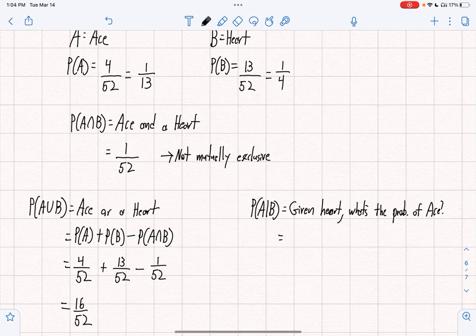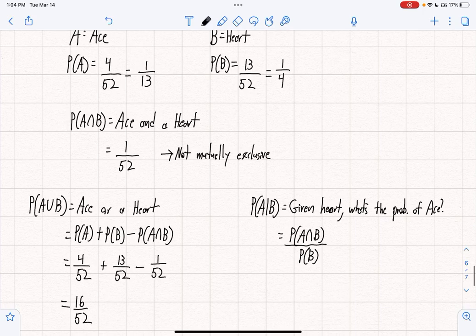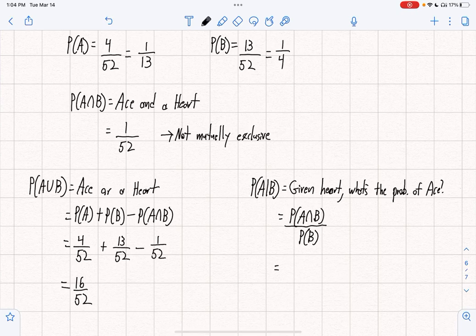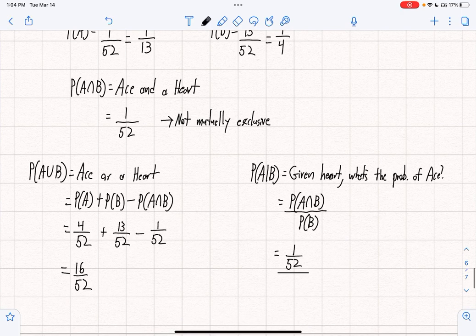Okay, so let's go back to our formulas. We know that this is equal to the probability of A and B divided by the probability of B. Well, we found A and B to be 1 out of 52. So we have 1 out of 52, and then this is all divided by the probability of B, which we found to be 13 out of 52. If we simplify this, we get 1 out of 13 for the probability of A given B.